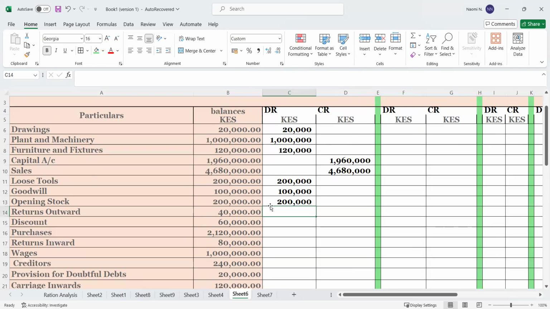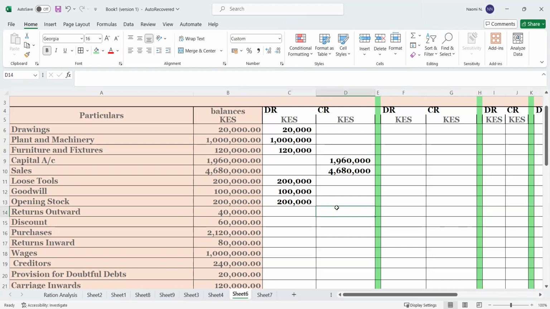Then return outwards. In our last video, we talked about return outwards and return inwards. We said that return outwards, of course, affects our purchases. We are returning goods. That is why when you are calculating the cost of sales, you ought to subtract from the purchases whatever has been taken back.